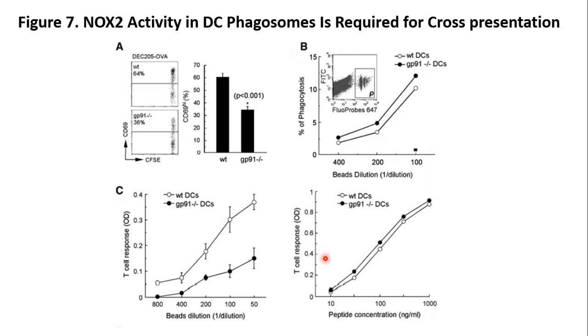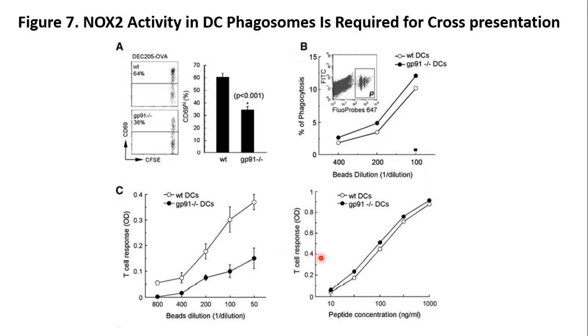The percentage of DCs that phagocytosed, DCs failed to cross-present OVA efficiently. The presentation of the corresponding peptides already processed was similar in both DC populations, showing that DCs from defective GP mice are fully competent for T-cell activation.